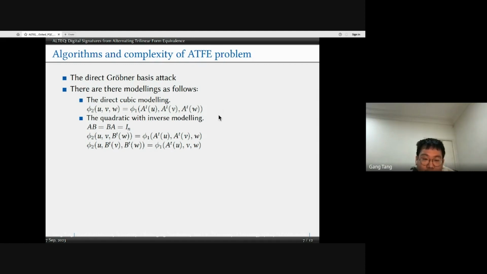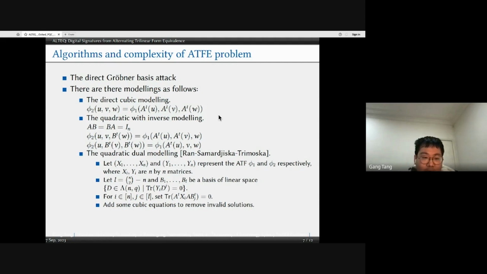We put A transpose at the first 2 arguments of phi1, but we put B transpose at the 3rd argument of phi2. And then we can also put A transpose at the first argument of phi1 and put B transpose at the last 2 arguments of phi2.